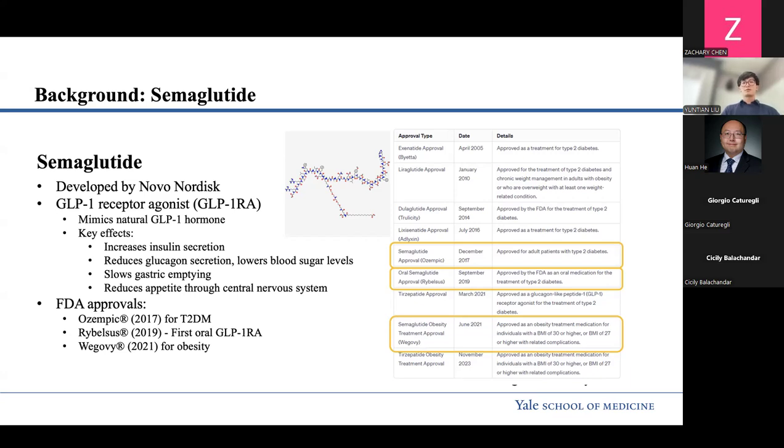Two years later came Wegovy, when people realized this drug has great potential in other health disorders such as obesity and cardiovascular conditions. Wegovy got approved for obesity, which is a huge deal in the pharmaceutical industry.